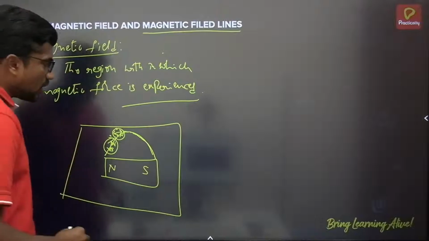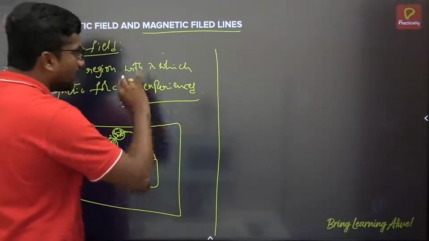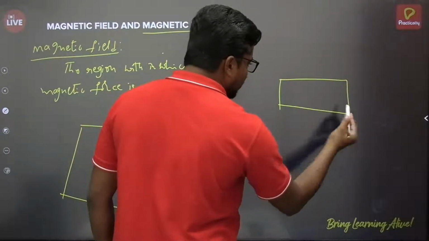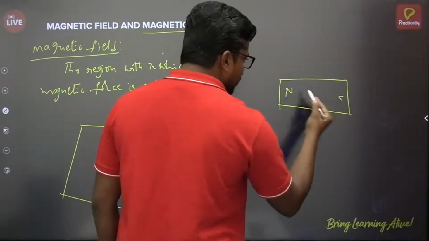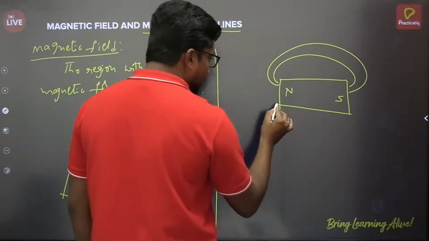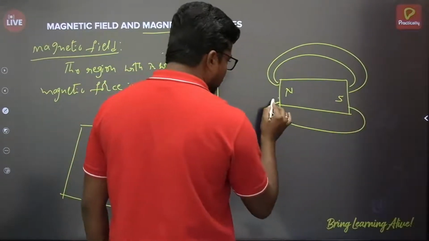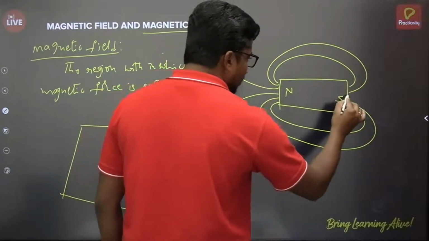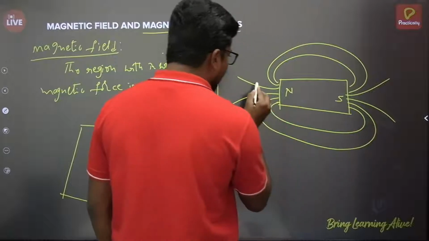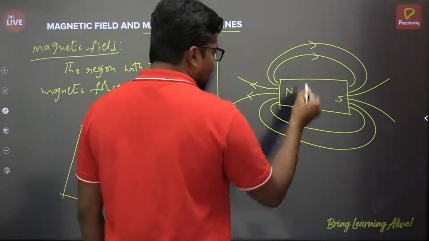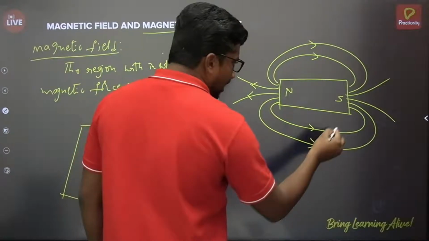So the magnetic field lines of a bar magnet can be shown like this, children. They will be like this. The representation should be done very neatly and very carefully.